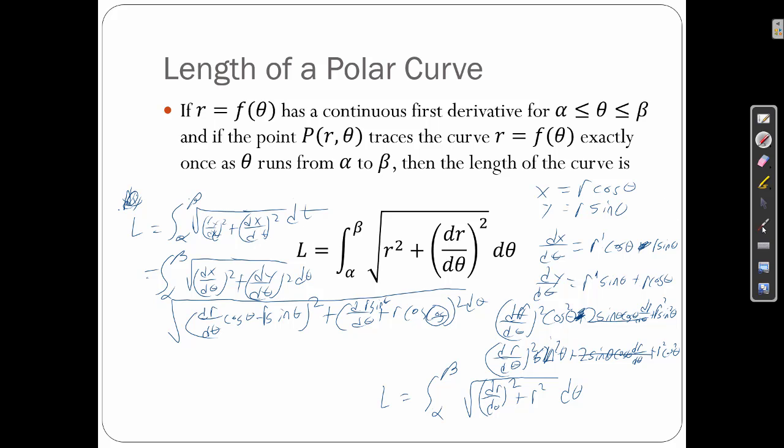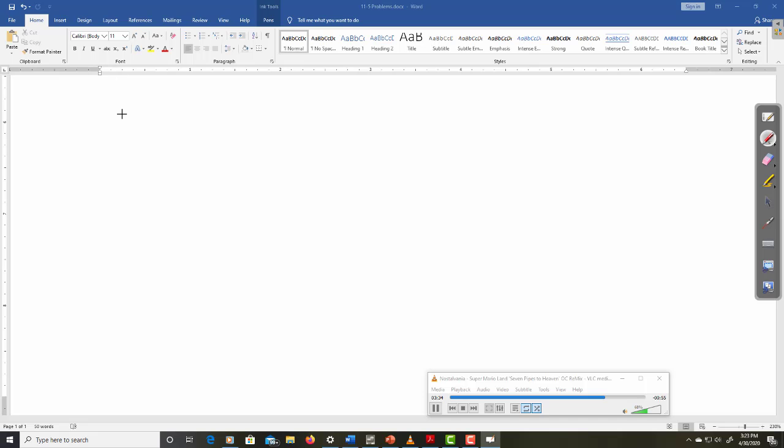Now let's look at an exercise. Find the length of the cardioid, r equal 1 plus cosine of theta.